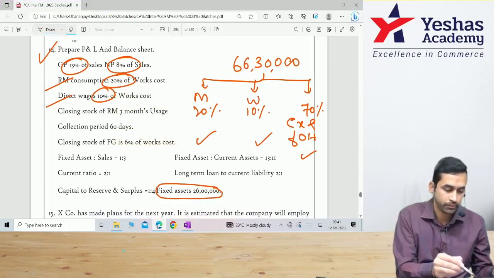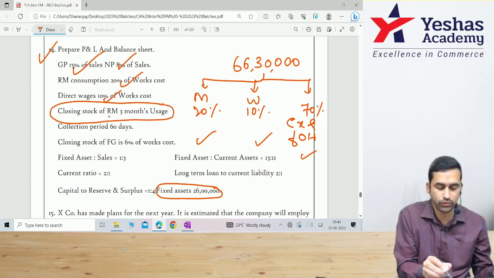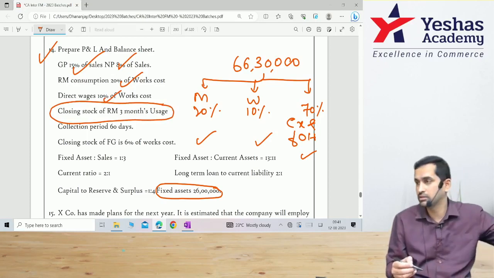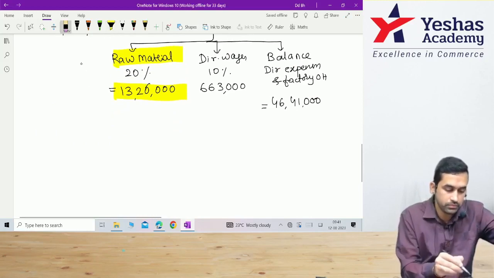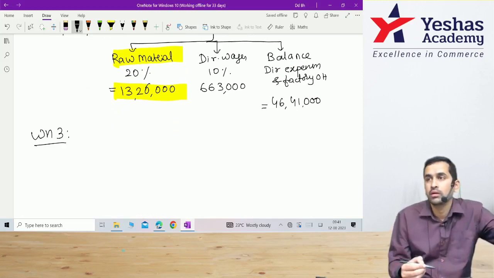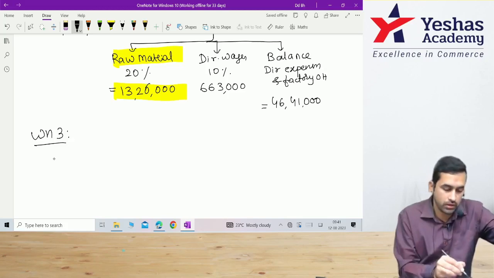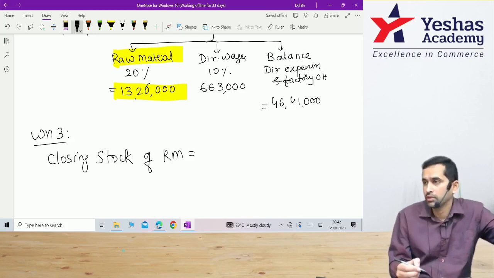Where are we now? GP done, NP done, RM consumption, direct wages. Closing stock of raw material is 3 months usage. We can do that now. Working note 3. Closing stock of raw material is equal to 3 months usage, they said.